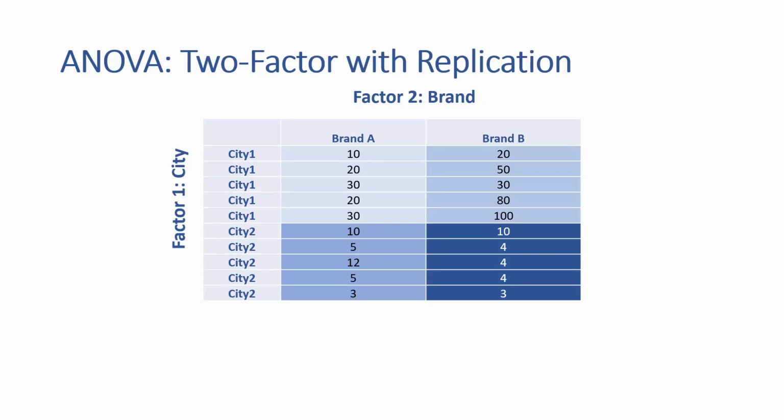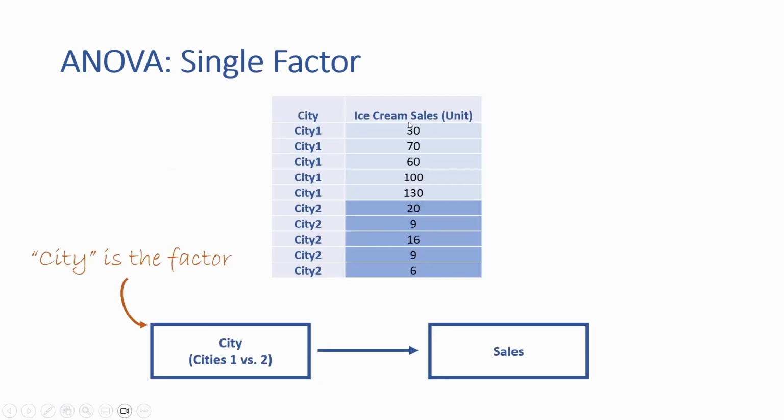How about two factors? When we're talking about two factors, on top of one factor, namely the region, we are considering another factor, for instance, brands. Earlier, we combined different brands of ice cream as one number. So we did not distinguish brand A versus brand B. We just said that in one of the stores, it sold 30 units of ice cream, but we did not distinguish brand A versus brand B ice cream.